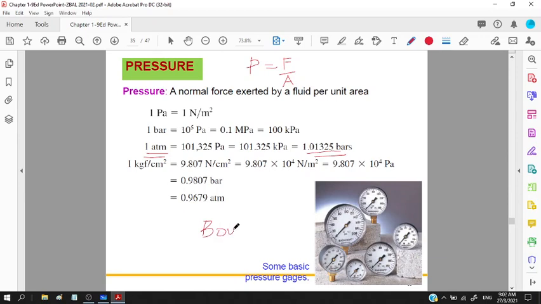Bourdon gauge always gives us the reading of gauge pressure. An example of a Bourdon gauge that we could find is at a petrol station, whereby we pump compressed air inside the car tire.